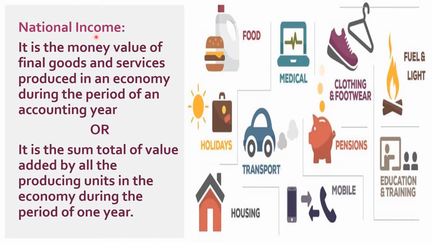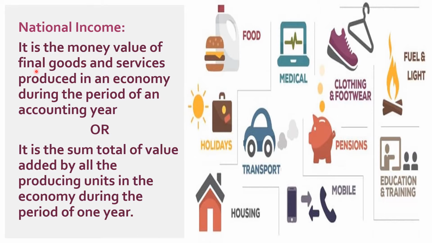What is national income? It is the money value of final goods and services produced in an economy during the period of an accounting year. So while we are calculating national income, what we are essentially trying to do is learn what is the worth or value of all that is produced in our economy.